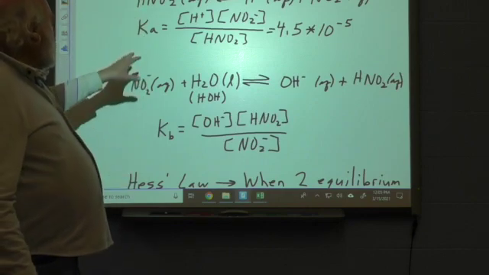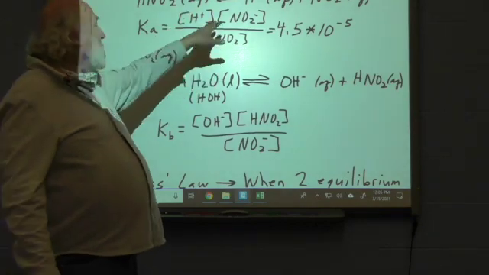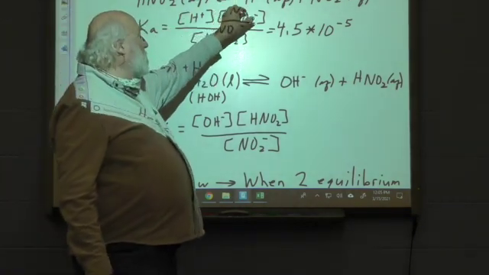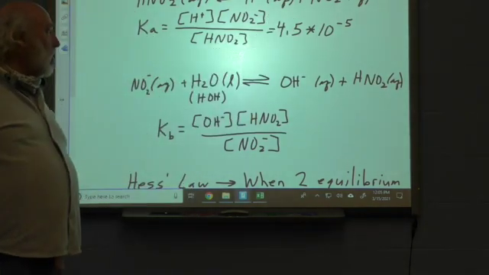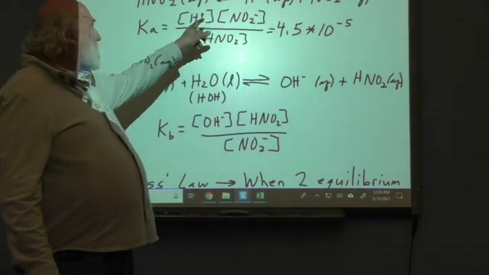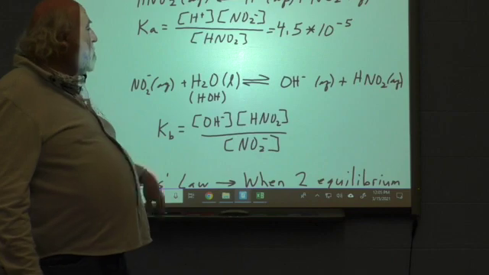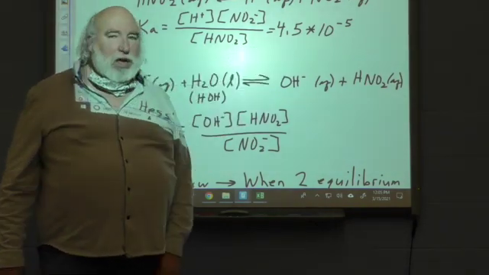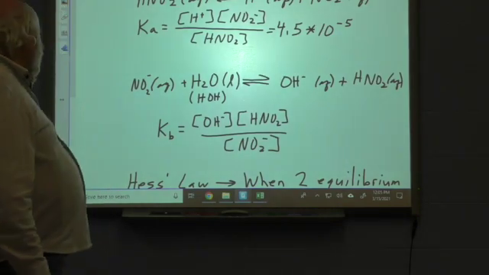When this dissolves in water, this is a weak acid, and a weak acid slightly dissolves in water to form these two ions, hydrogen ions and nitrite ions. The Ka expression for that is H positive times NO2 negative over the concentration of HNO2, and according to page 727, that is 4.5 times 10 to the negative fifth.